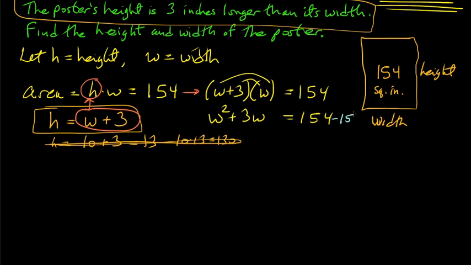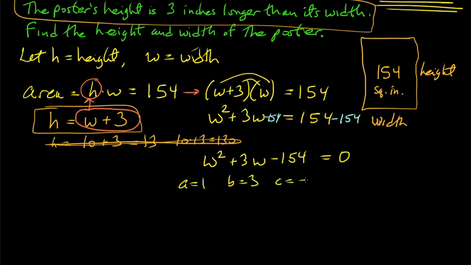We have to take away the 154 from both sides. And if we do that, we get w squared plus 3w minus 154 equals 0. So it's in standard form, right? A is 1, B is 3, C is negative 154.